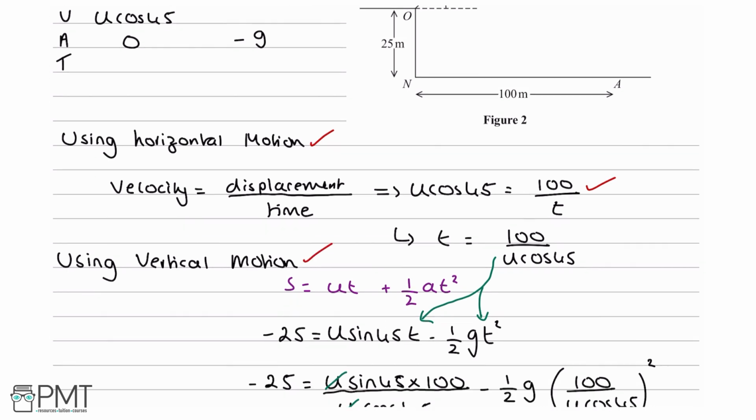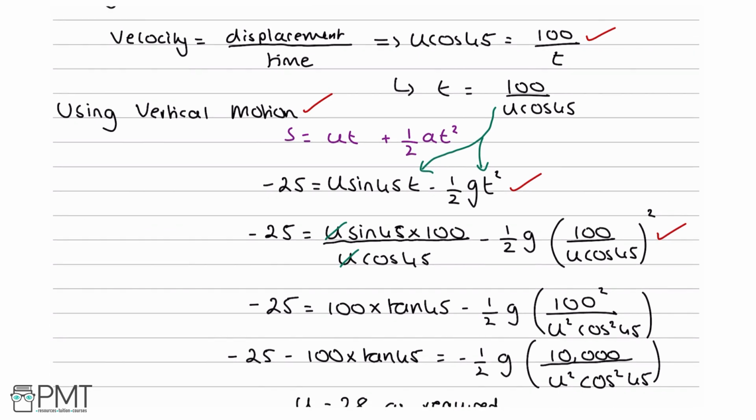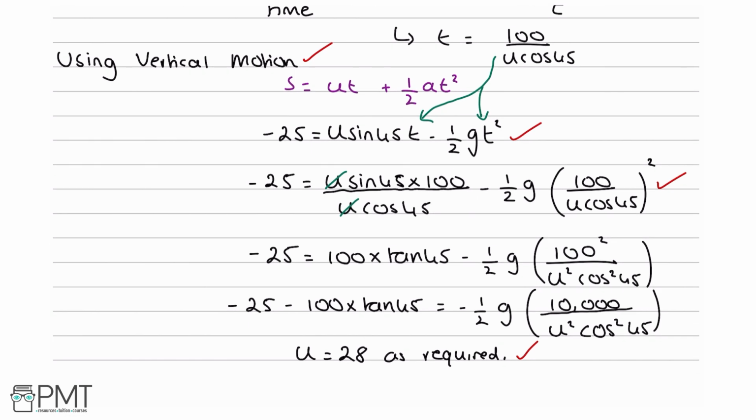Your fourth mark comes from using s equals ut plus half at squared to get this line. Your fifth mark comes from eliminating t, as we have done here, and substituting for u. And your sixth and final mark comes from doing the necessary algebraic simplifications to get that u equals 28.